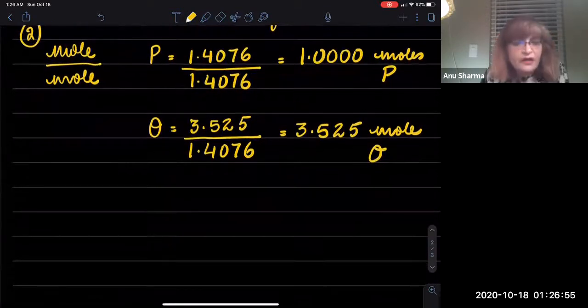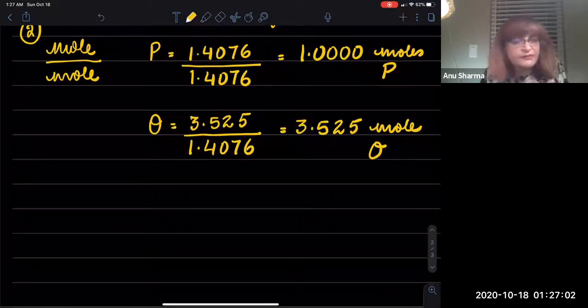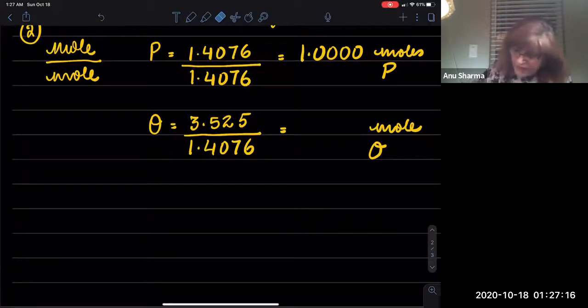You could write the empirical formula, but because it's a decimal, we need to change it. This is 2.5, and that is 1.0 for phosphorus.